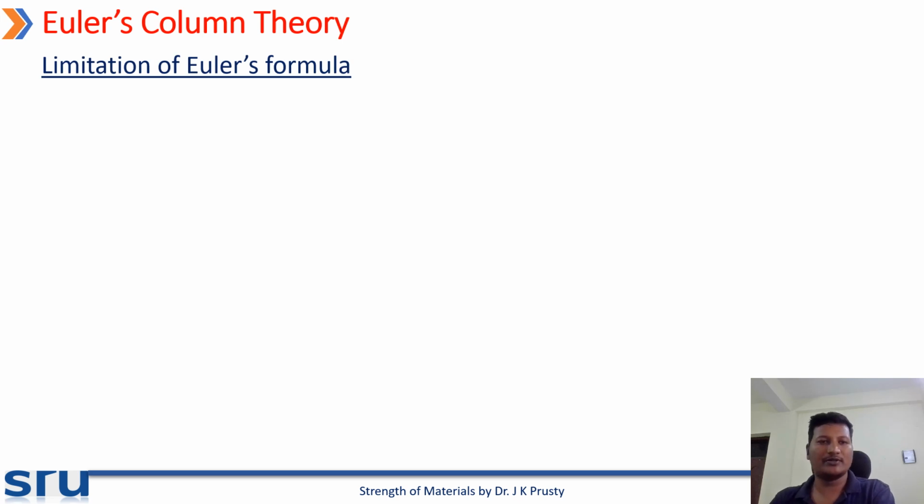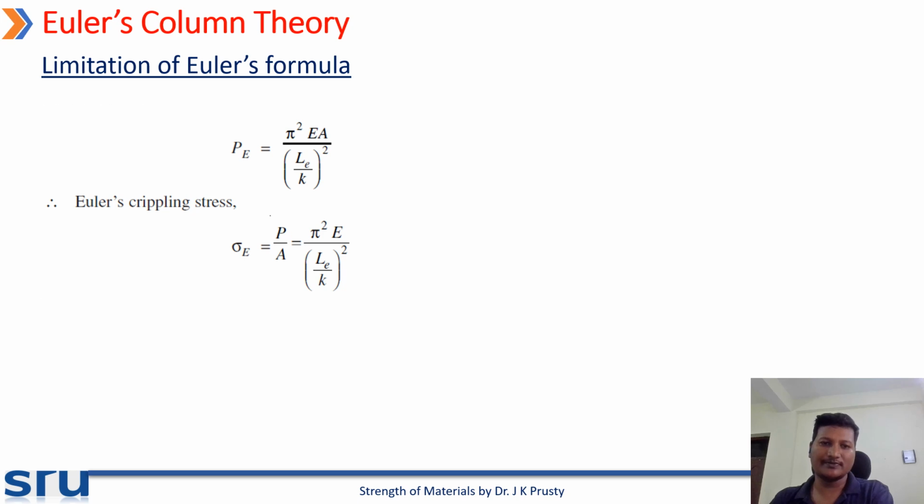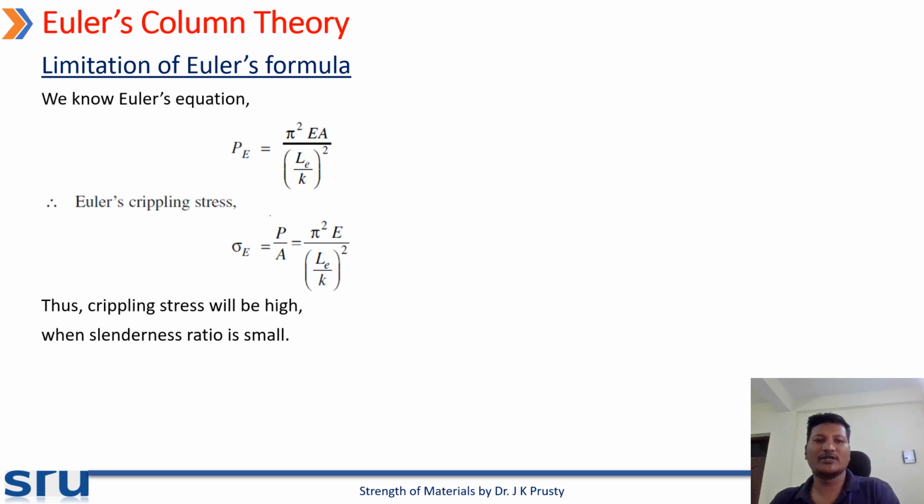I hope you understood. Now coming to the limitation of Euler's formula. We know Euler's equation that PE is equal to pi square EA by LE by K whole square. So LE by K is nothing but your slenderness ratio.